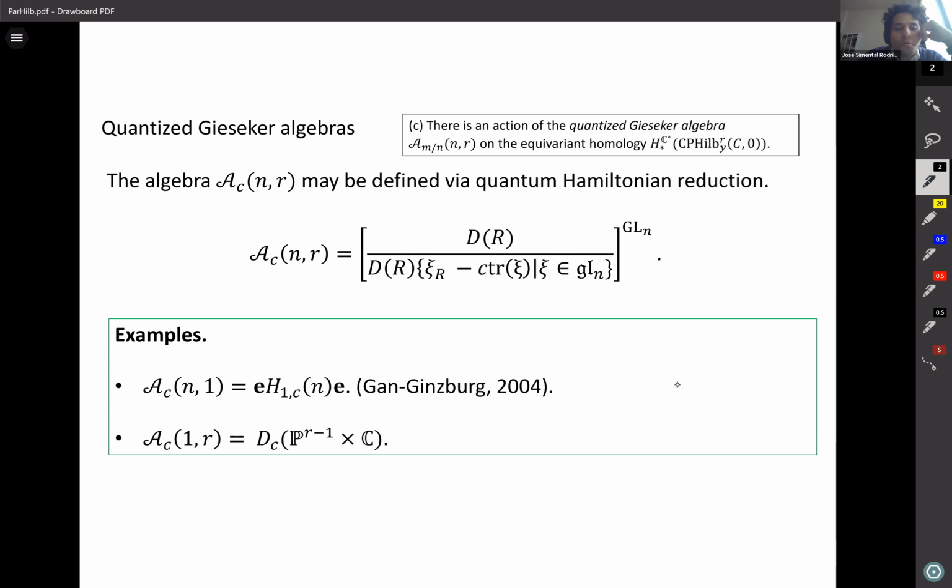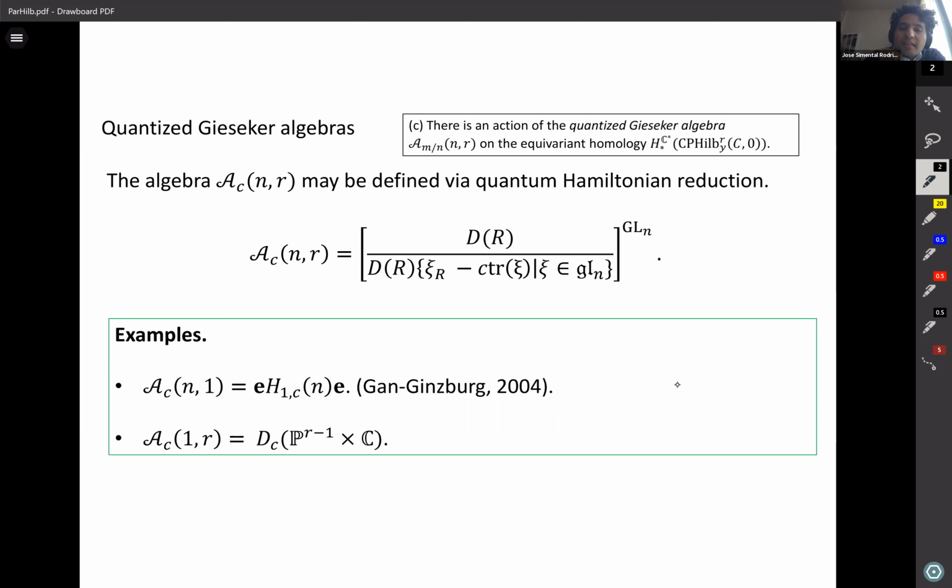And when n is equal to 1, this is slightly more believable because the classical space is the cotangent bundle on P^(R-1) cross C. The quantization has to be differential operators twisted by c, where the twist happens only on the P^(R-1) part. So if you want, when c is an integer, I just have differential operators on a line bundle.